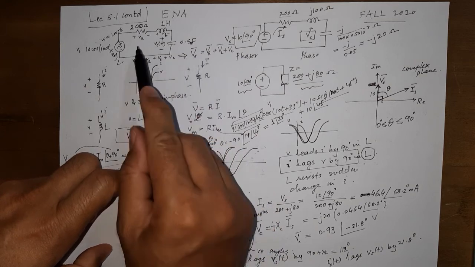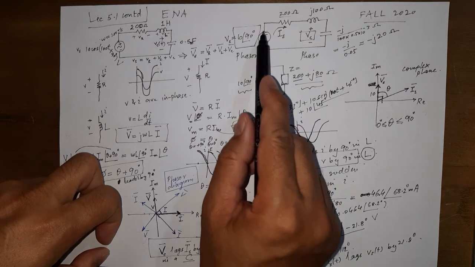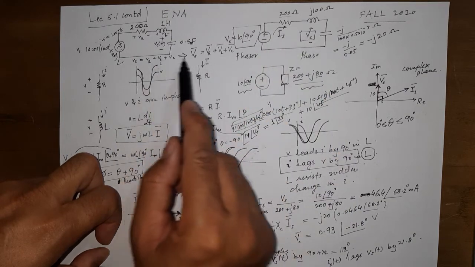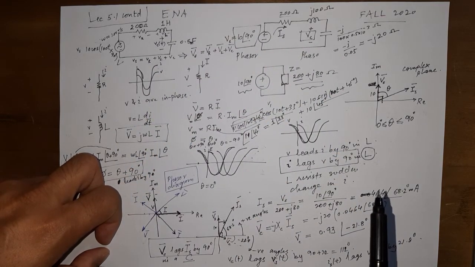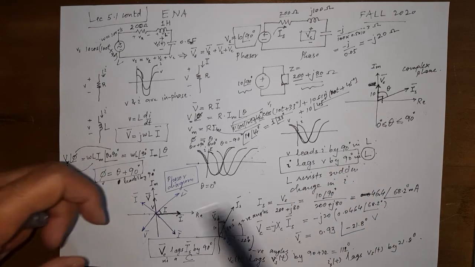So you see, if we apply KVL here in the time domain, we can also apply KVL here. So this is clear from here. Similarly, Kirchhoff's current law is also applicable.